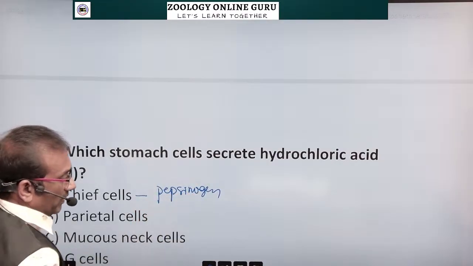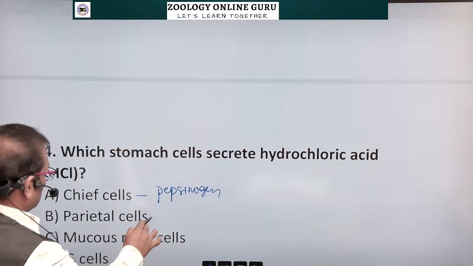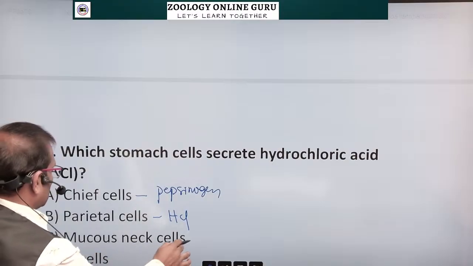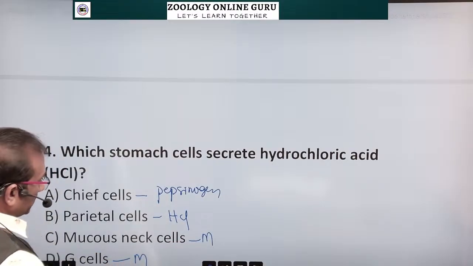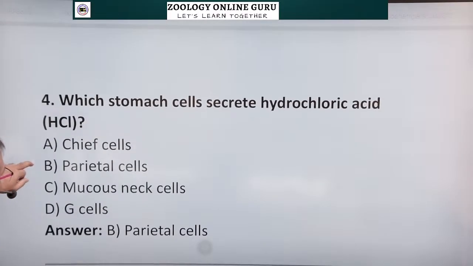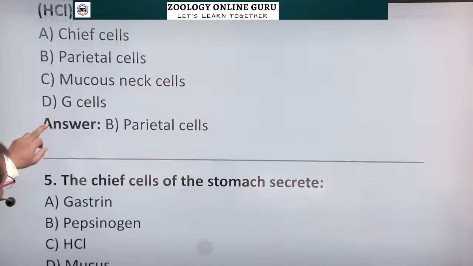Secondly, parietal cells release HCl. Mucous neck cells release mucus. G cells also release mucus. So here the answer is parietal cells. Parietal cells release HCl.